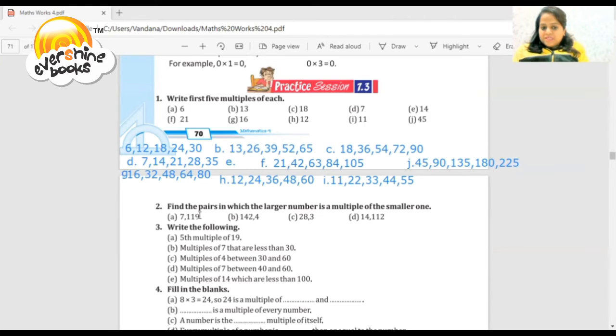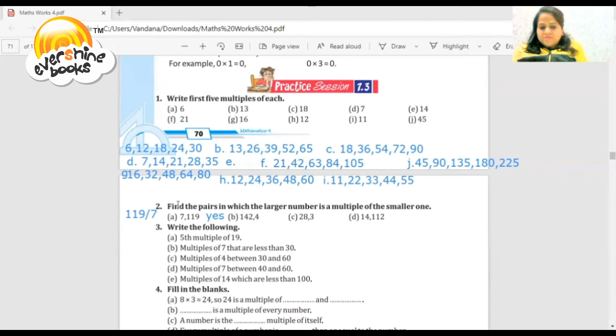So, just check the answer. Your answer is yes, because it is divided by number 7. Divide 119 by 7. It is fully divisible. So just write yes here.